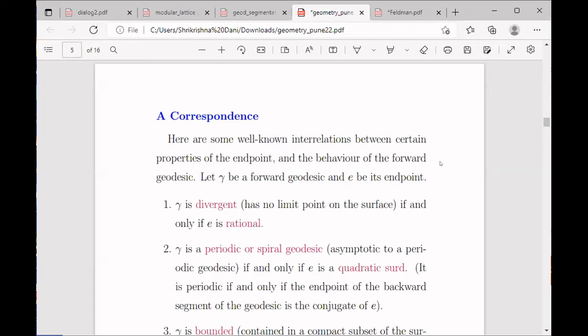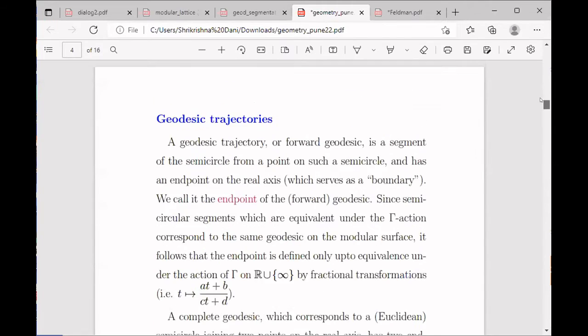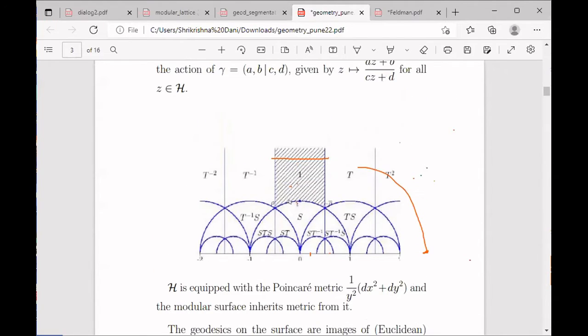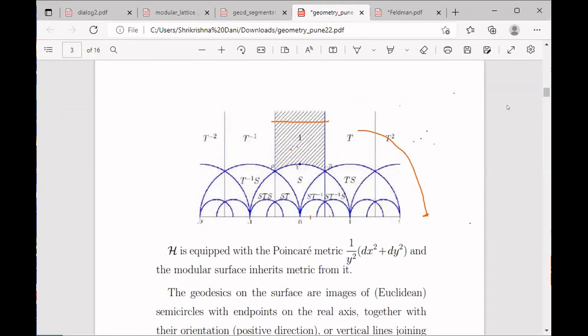But a geodesic trajectory on the modular surface has many representatives. So this geodesic, for instance, is the same as this geodesic as far as the modular surface is concerned. Therefore, the endpoint is defined only up to equivalence under the action of PSL2Z. That's something we should keep in mind.